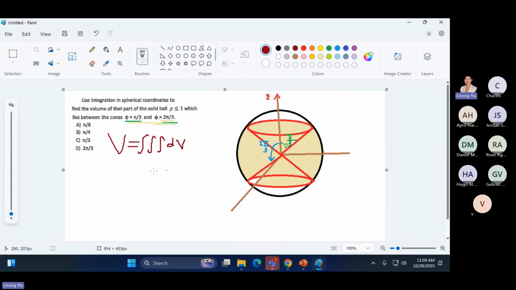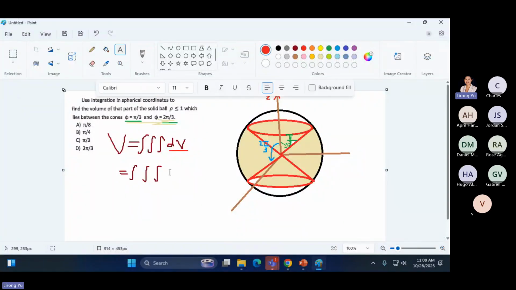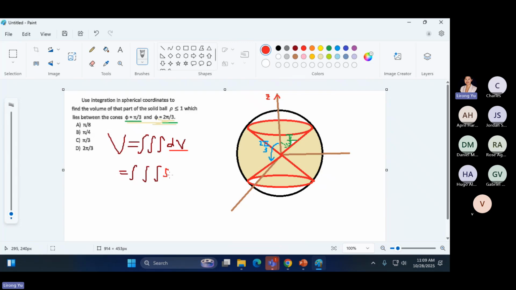So following that idea, we'll be doing a triple integral, and you have to write out how you want to interpret the dV for your volume calculation: rho squared sine phi, d rho, d phi, d theta.